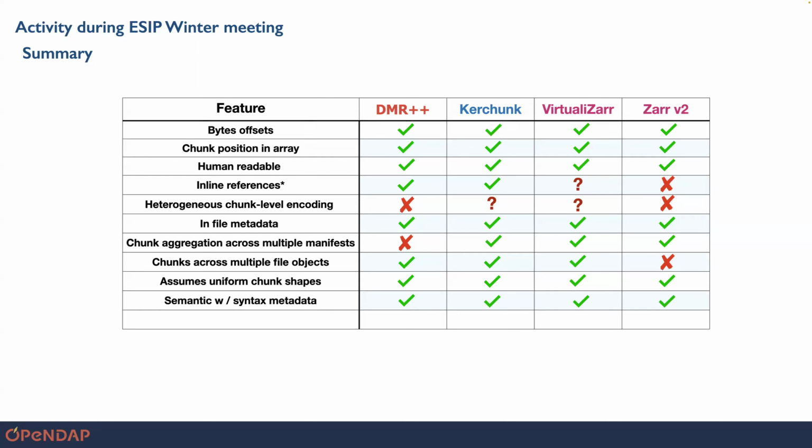Two of them, DMR++ and Kerchunk, also allow inline data references. We'll get to that later. We don't know much about heterogeneous chunk level encoding. Probably talk about that in a bit. A few other things are pretty much common, but there are a few things that we still have to resolve. That's what these presentations are about, trying to resolve some of those question marks.